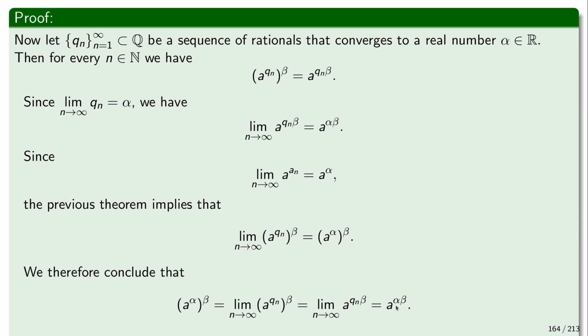Therefore, we've established this property that we had for rational exponents, now for real exponents. There was no way around the definition, we had to choose a sequence of rationals converging to the limit. It's very technical and very hard, but now we can use this property of the real exponents. We had to pass through the limit in order to prove it in several steps.